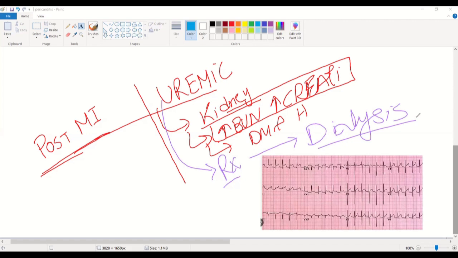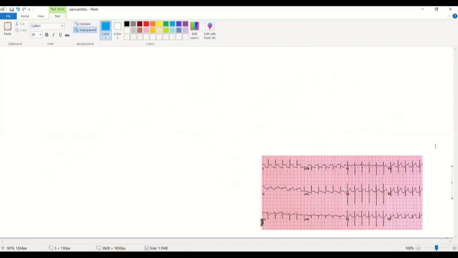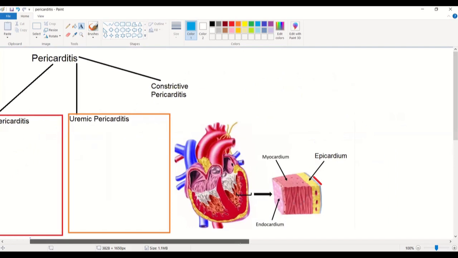Look at the lab values, look at the ECG. Even they may give you an ECG in uremic pericarditis to confuse you, right? The ECG may be normal in uremic pericarditis, right? Okay, it makes some sense. So, uremic pericarditis.